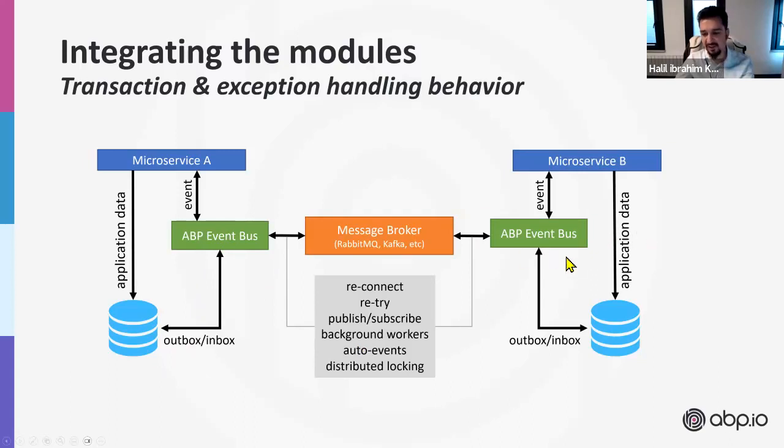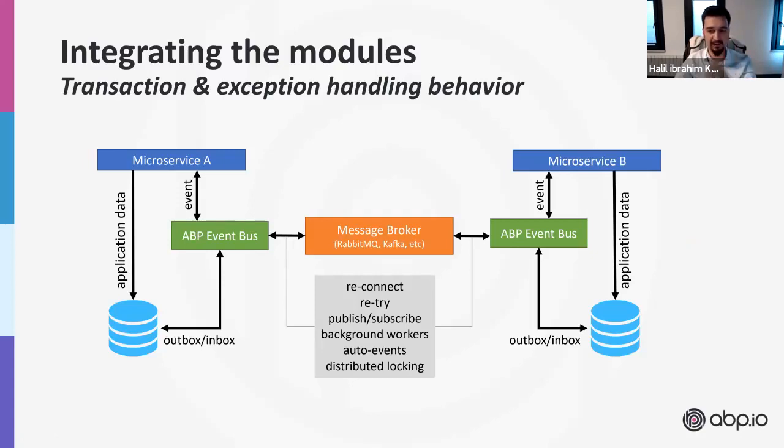On the receiver side, ABP receives the message and writes it to an inbox table by checking if it was received before, and then executes the event within the same transaction as your business logic that implements the event handler.